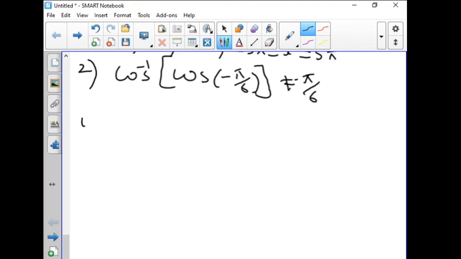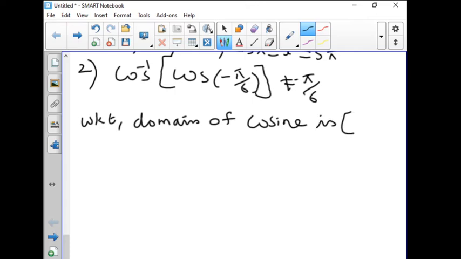We know that the domain of cosine is 0 comma pi, and minus pi by 6 does not belong to this interval.